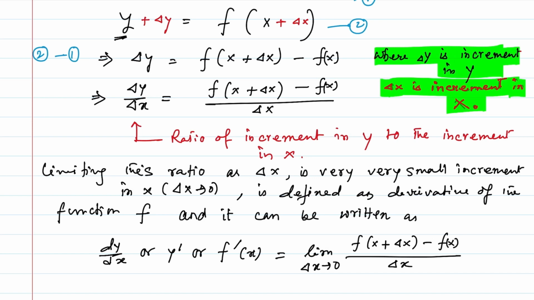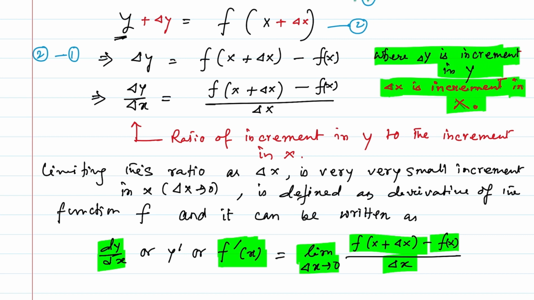This is the definition of the derivative of a function f of x, which can be written as f dash of x: the limit of f of x plus del x minus f of x by del x when del x tends to 0. We have already discussed limits, so you must have knowledge of limits.